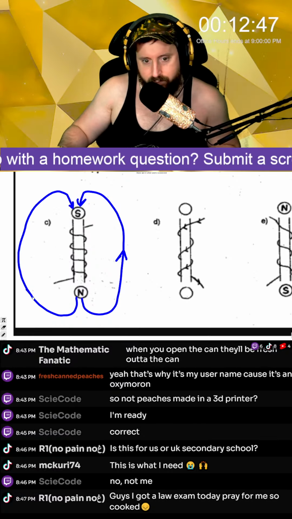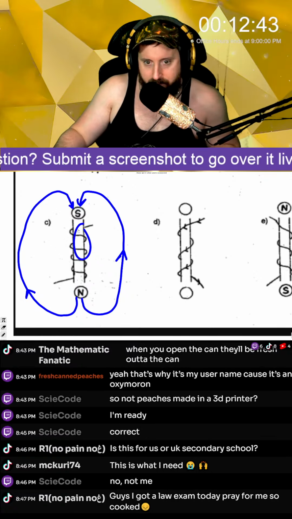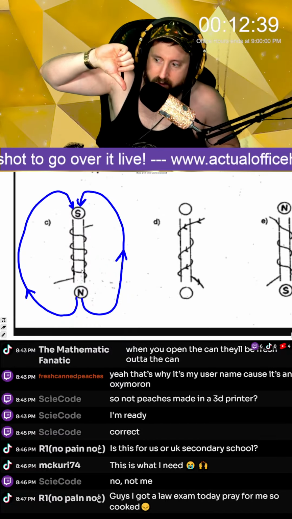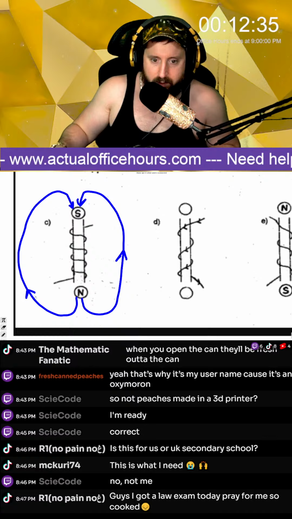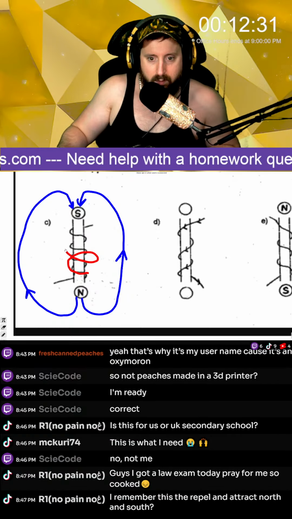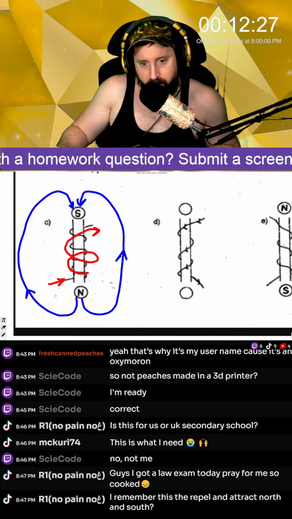In order for that to happen, you have a net magnetic field inside the solenoid pointing down. The way to do that is to have current going around this way. So I think current comes in this way.